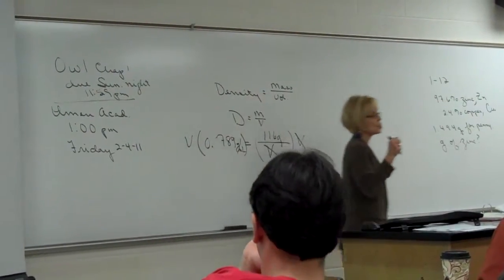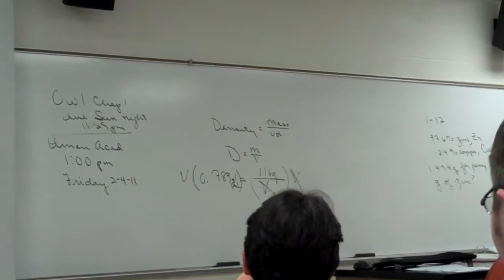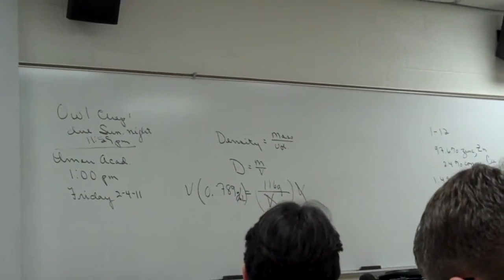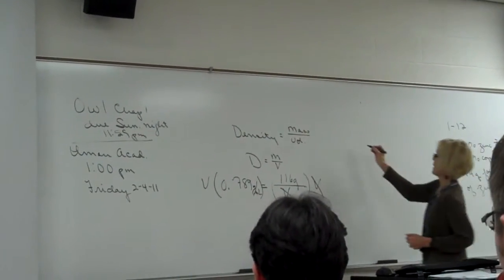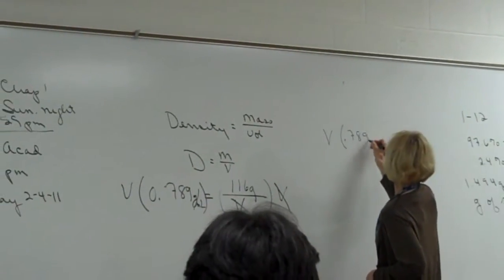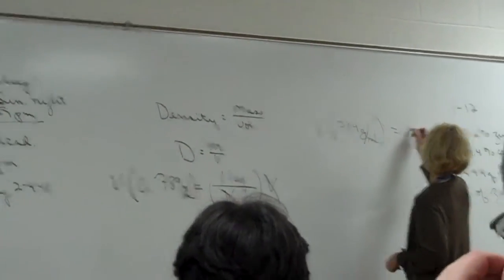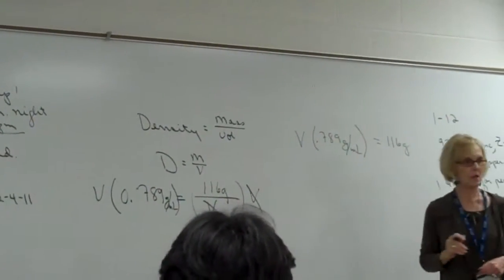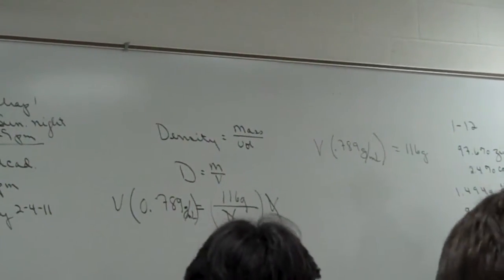Or the down and dirty way to think of it is, if you're dividing on one side, you whip it across the equal sign and do the opposite operation. And so right now I've got V times 0.789 grams per mL is equal to 116 grams. So one thing we've accomplished, we got the V up on the top now.